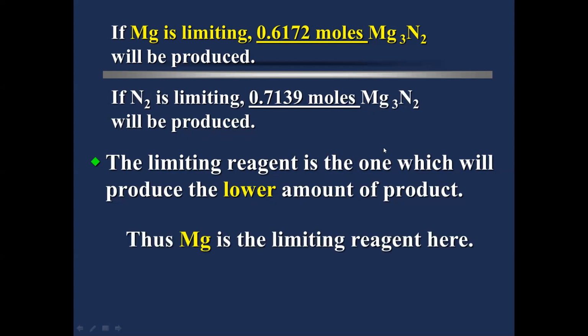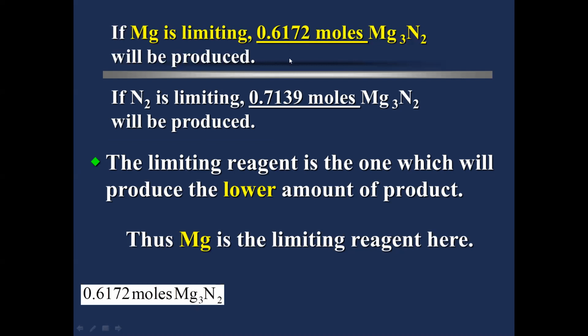Anyway, you can simply memorize: the limiting reagent is the one that produces a lower amount of product. This is all. Now, since this is the limiting reagent, I can use it to calculate how many grams of the product.